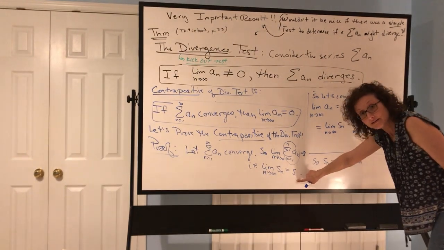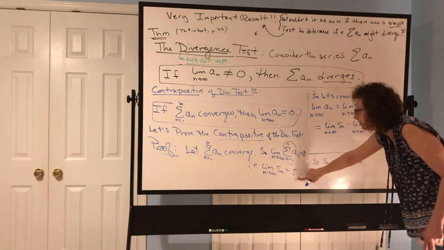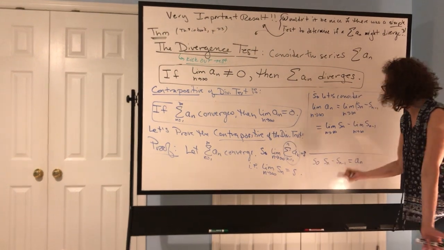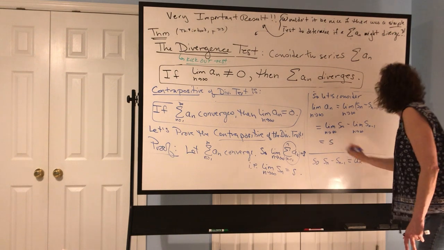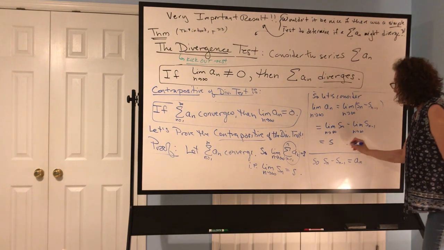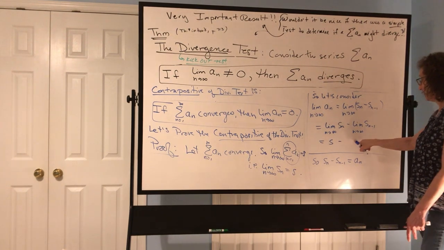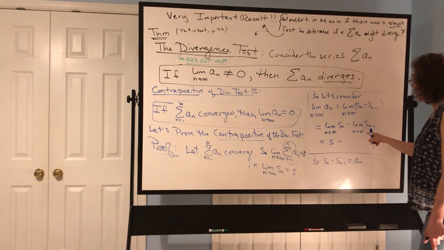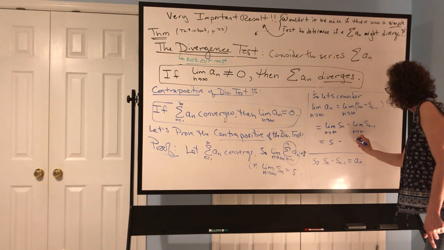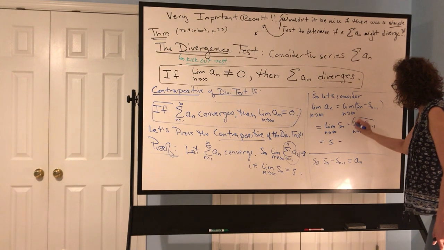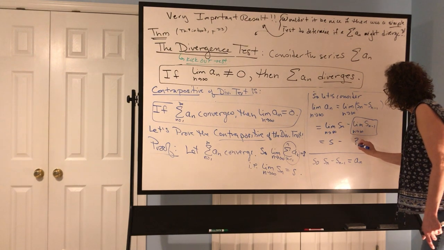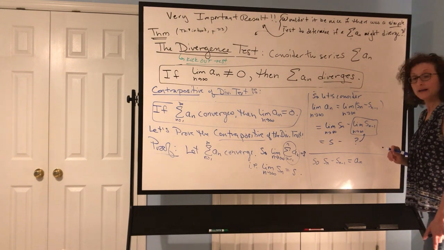Good, s, what the series sums to, because we know it converges, so it sums to something finite. S minus the limit as n goes to infinity of s sub n minus 1. That's what we don't know. So what is that? Let's figure that out.